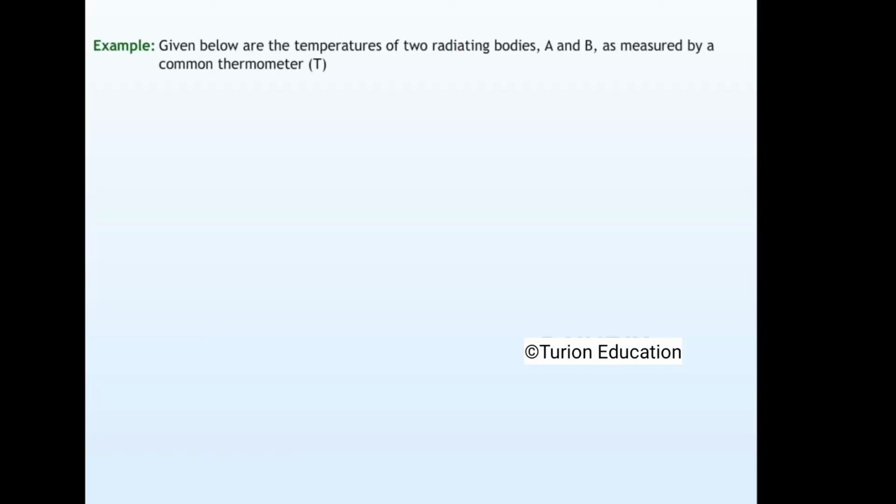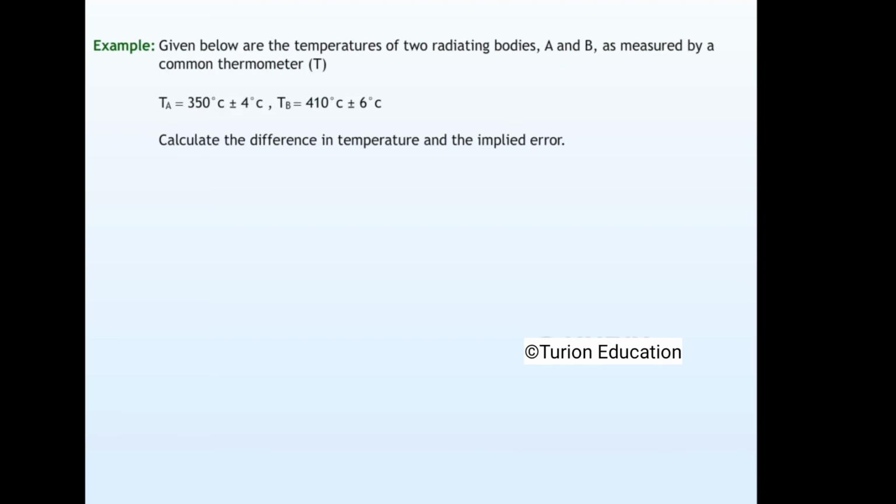Example 2.8. Given below are the temperatures of two radiating bodies, A and B, as measured by a common thermometer, T. TA equals 350 degrees Celsius plus or minus 4 degrees Celsius. TB equals 410 degrees Celsius plus or minus 6 degrees Celsius. Calculate the difference in temperature and the implied error.